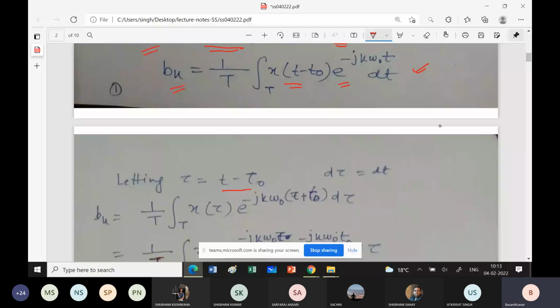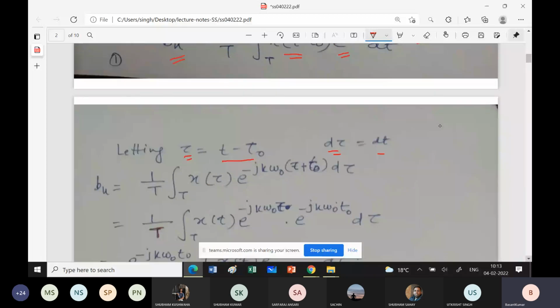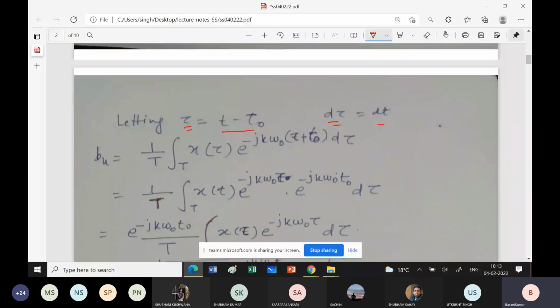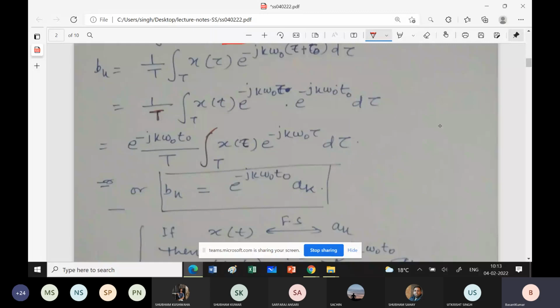So d tau will be dt, that's for sure. And you can just make a modification accordingly in your expression. Having done this, what you can finally obtain is this part, this part, and this part, which is nothing but equal to.